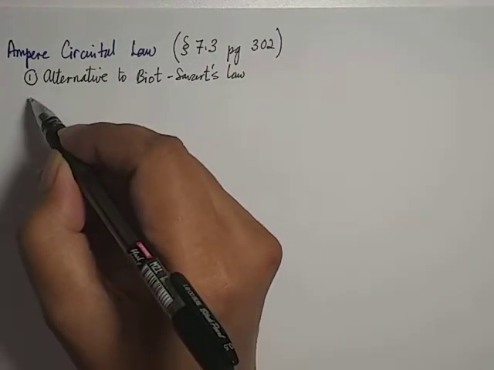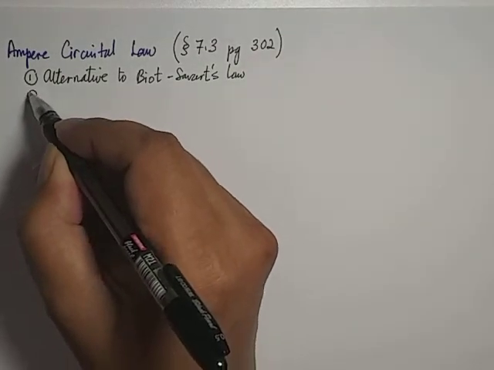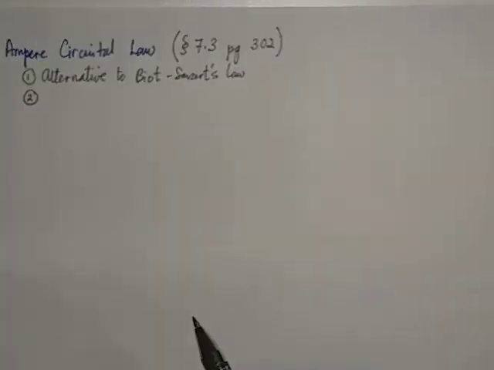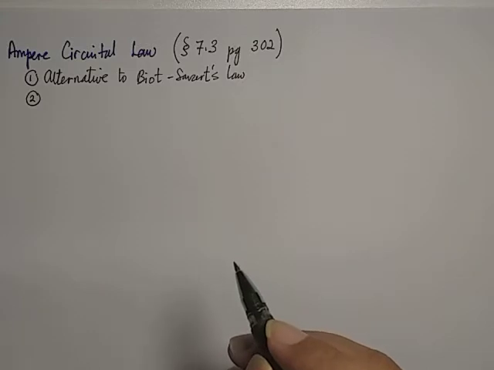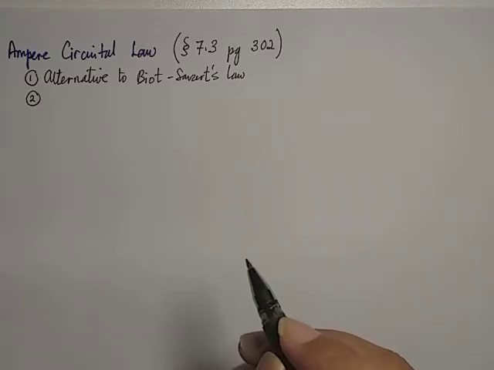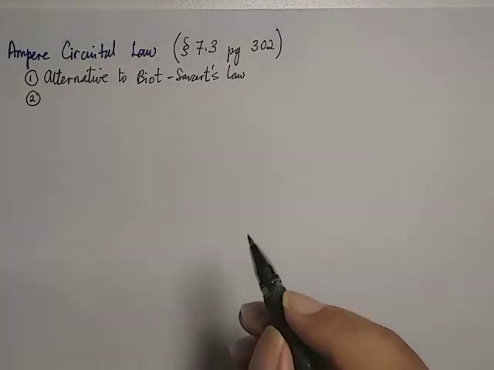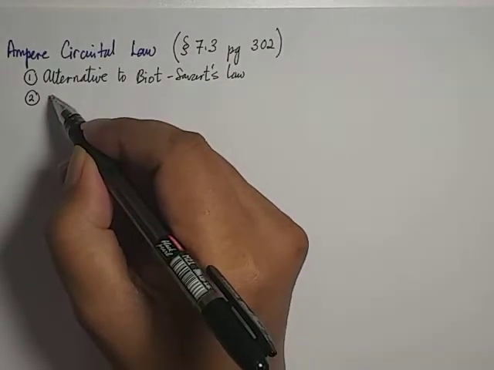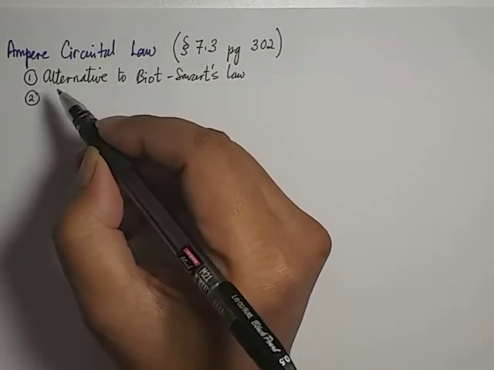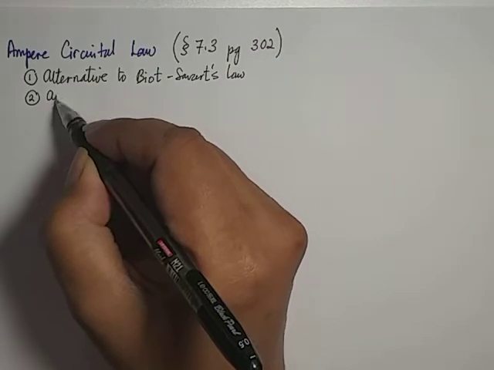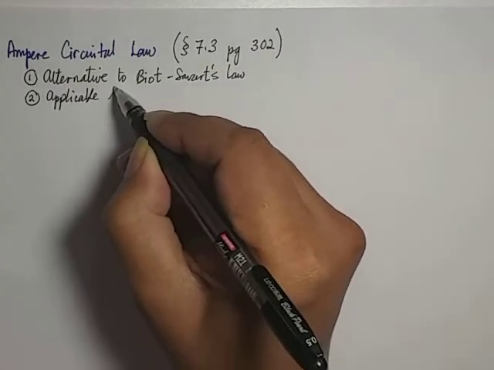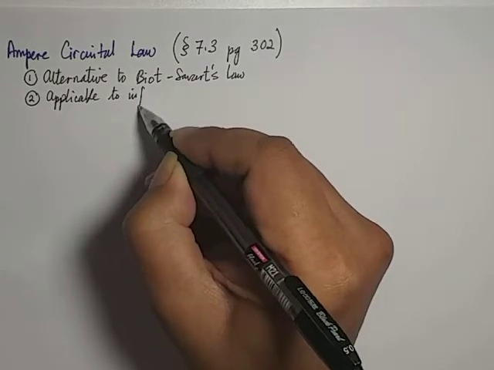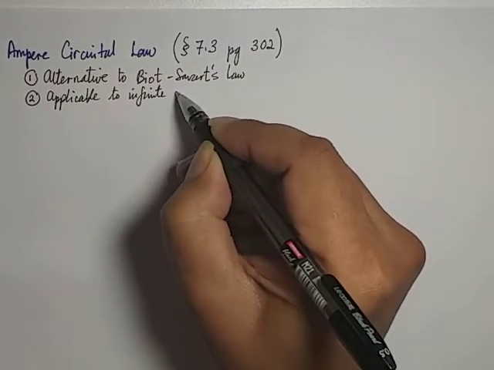The second point that's very important: for us to be able to use ACL, the source, which is current, must be infinitely large. So I'm going to state here: only applicable to infinite current source.